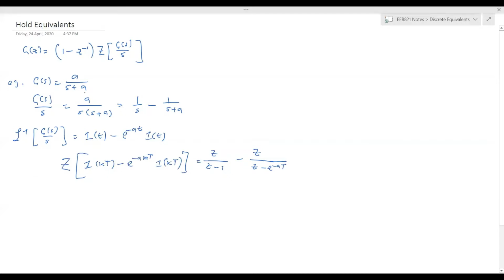After doing the z transform, we need to multiply the whole thing by 1 minus z inverse. First let's simplify. When we simplify, we get z times (1 minus e to the power minus a T) divided by (z minus 1) times (z minus e to the power minus a T).